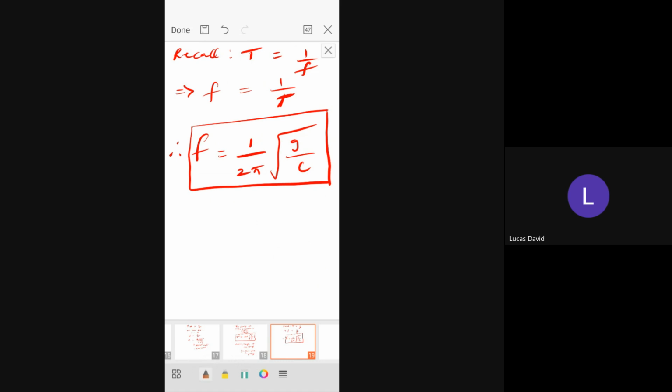If the length of the string increases, the frequency is going to reduce, but the period is going to increase. So if the length of the string increases, the frequency is going to decrease, and of course the period is going to increase. So that is that. Take note of this formula, as it is very, very important.